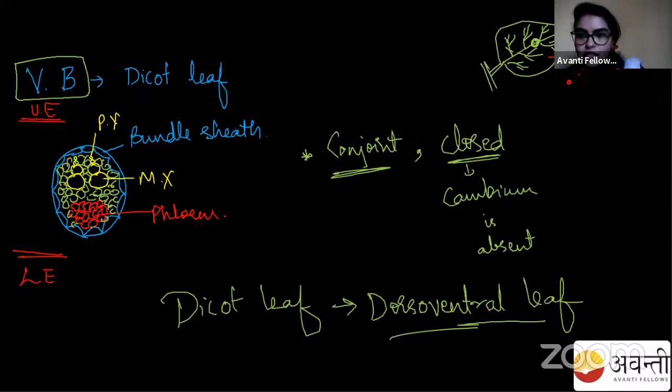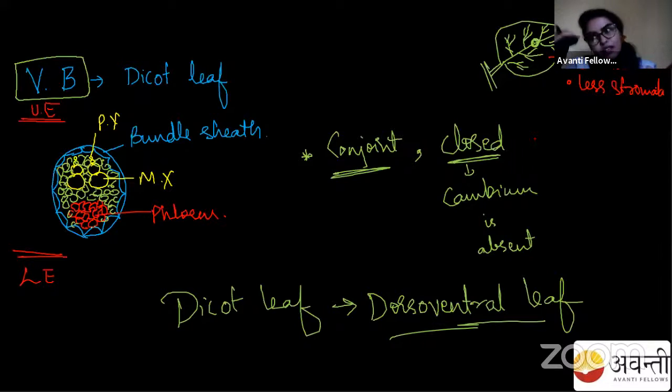In the dorsal side, fewer stomata will be there, because there will be a thick cuticle and more chloroplast, since towards the upper epidermis, or the dorsal side, there is palisade parenchyma. Most of the food is produced from the palisade parenchyma. Whereas in the ventral side, or the lower epidermis, there will be spongy parenchyma, with many cavities. Since there are many cavities, gases are exchanged through the stomata.